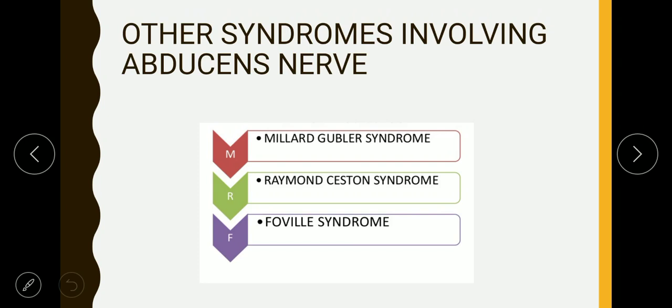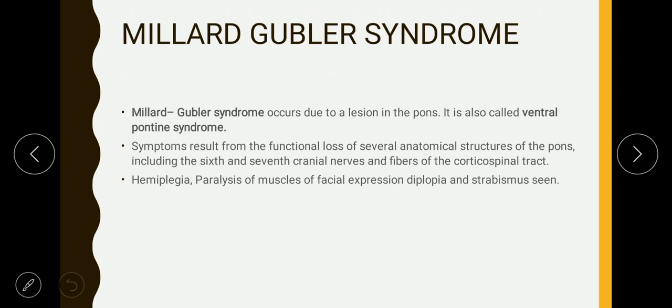Other syndromes: Millard-Gubler syndrome. The Millard-Gubler syndrome is also known as the ventral pontine syndrome. It occurs due to a lesion in the pons. When there is a lesion in the pons, it results in damage to the 6th and the 7th cranial nerves and also to the fibers of the corticospinal or pyramidal tract. The corticospinal tract helps in the motor movements of our body.